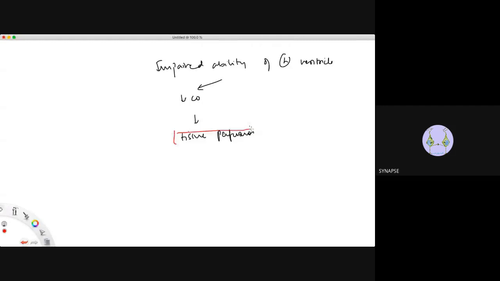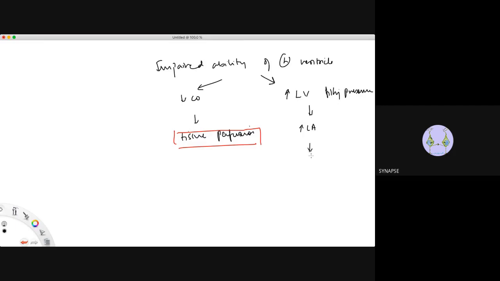Here you have shock. Now another component which is important is that there is backflow, right? Because the left ventricular filling pressures are more, because you're not throwing out anything, everything is going to get stacked up in the left ventricle. So the left ventricular pressure is going to increase, correct? And hence it is going to increase the left atrial pressure as well.